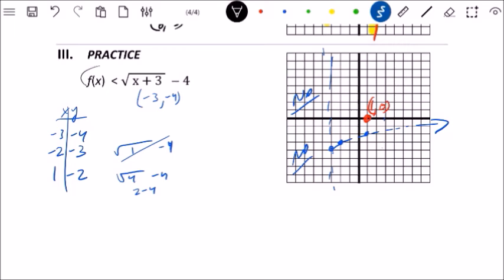So I want to come back here and make that y 0 less than the square root of 1 plus 3, minus 4. 1 plus 3 is 4, square root of 4 is 2.